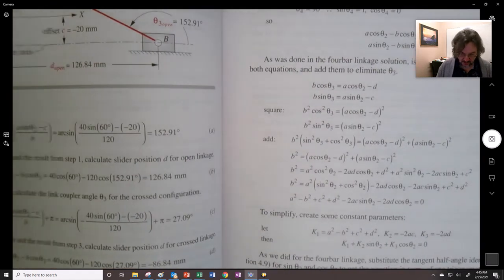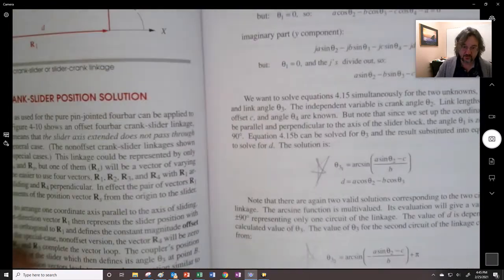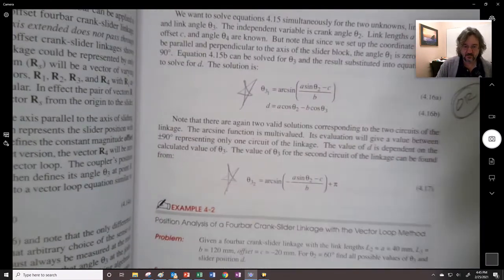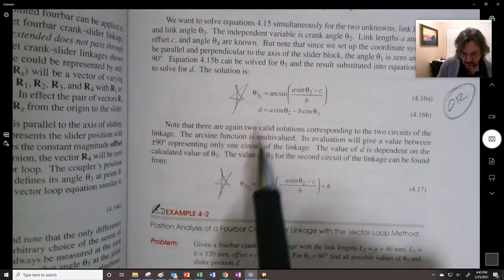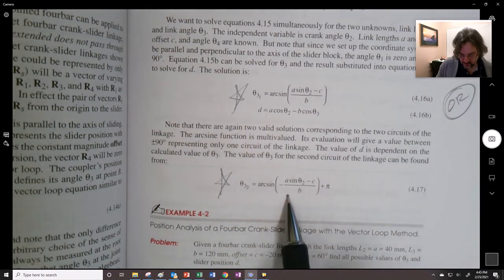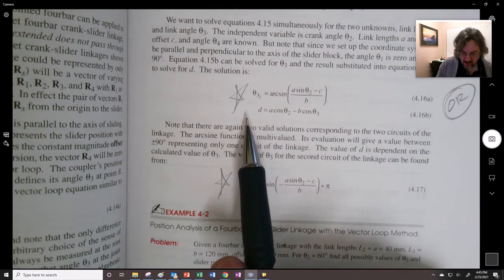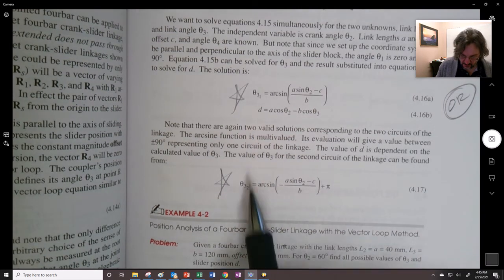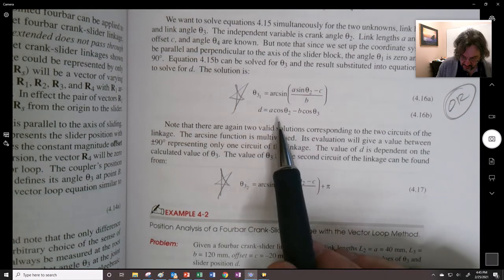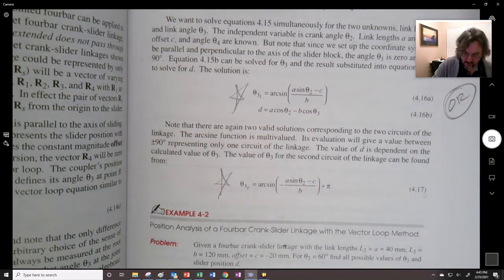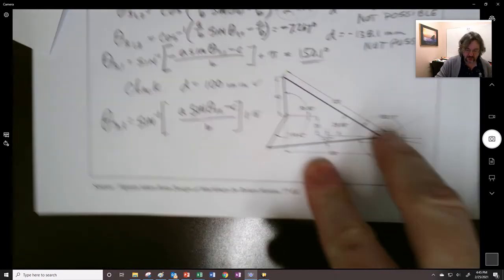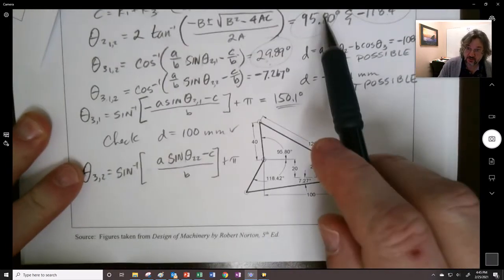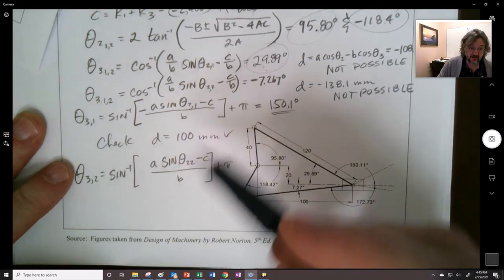What they're saying you should use when you get to this spot to check the answers is these two equations right there, which are the solutions to theta 3. So when we get to this spot and we find that we have these two solutions, we need to check them.